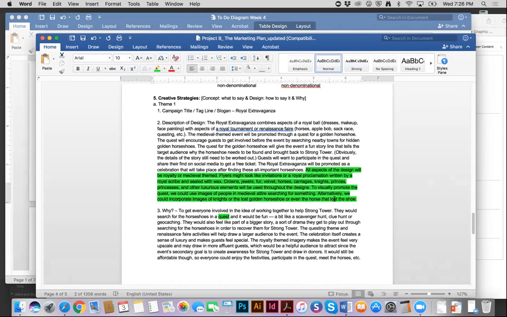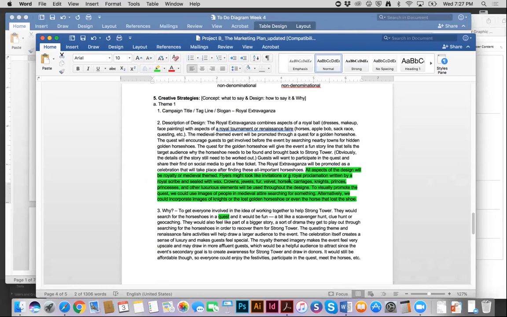And then the thing you guys wanted to update would be the creative strategies. We have a new campaign title called the Royal Extravaganza. I think that's fun. It's a royal ball, etc. We've discussed it before, so I'm not going to go all over it. As far as description of design, where I highlighted in green, that's exactly what I was looking for.